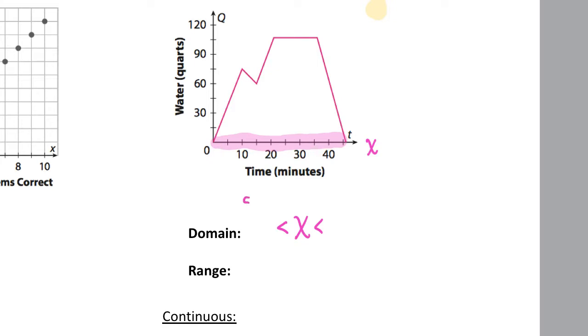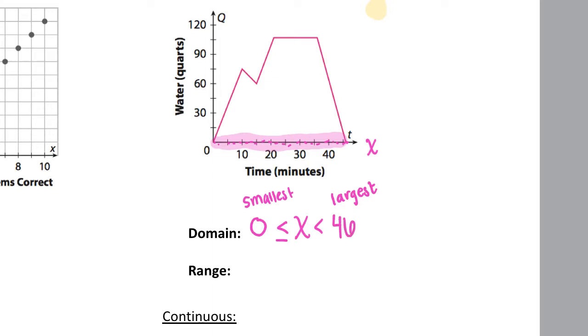Remember, the smallest x value goes on the left-hand side, and the largest, or the furthest right x value goes on the right side. Our smallest x value that this graph hits is over here at 0. Now, we can assume, because it actually touches it and it doesn't form an obvious open point, that it includes it, so we'll put a line underneath. The largest x value, as you travel along, it includes all of these x values, and then it stops right about here at, we'll say, 46.